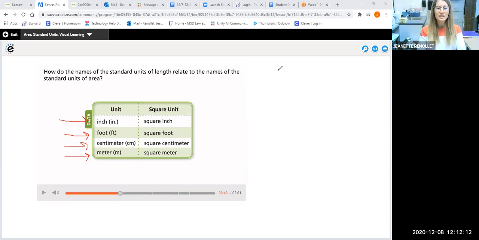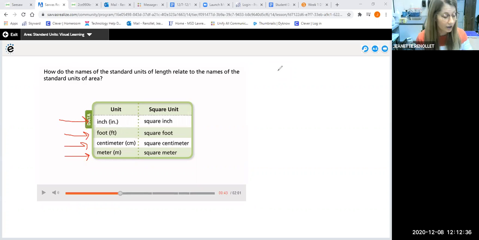A meter is about, let me back up here, about like this. So if I want to measure something really big, like how long the tables are in the cafeteria, I might want to measure in meters. Okay, when we measure things, we can choose different units.